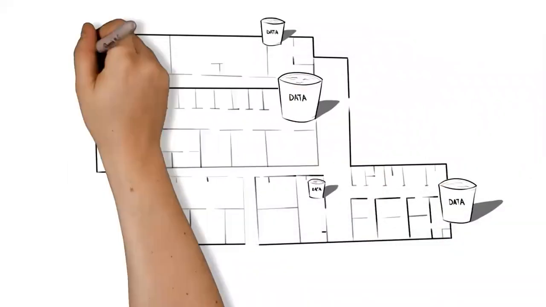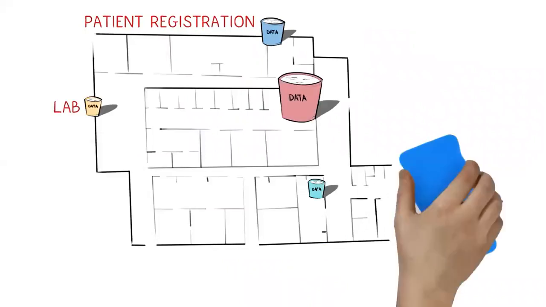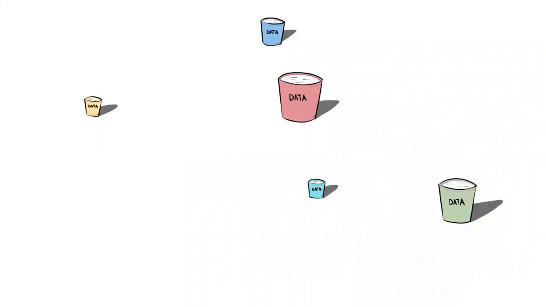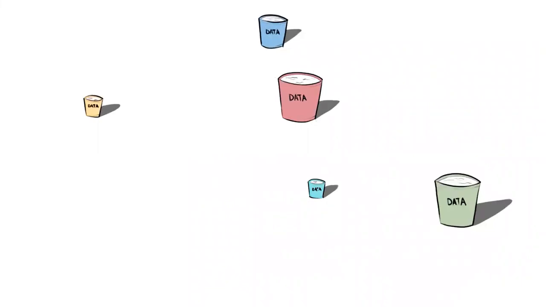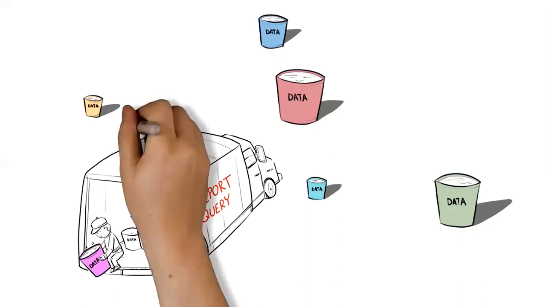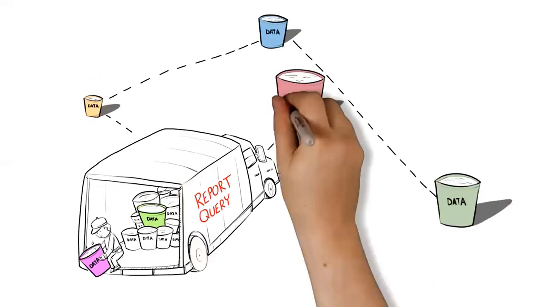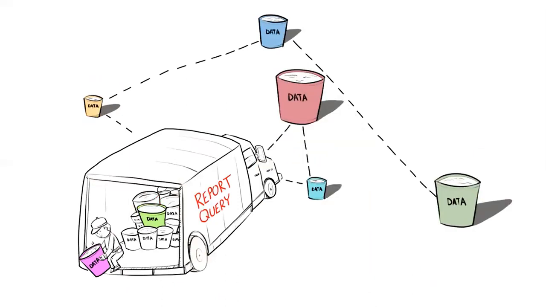There's a bucket for patient registration, pharmacy data, lab results, and so on. These buckets exist as separate source systems and are constantly being added to. To enable advanced analytics, these data need to be cleaned and organized. Mapping a patient's hospital journey from one source system to another can be very difficult, and pulling meaningful data together for a report can take months.